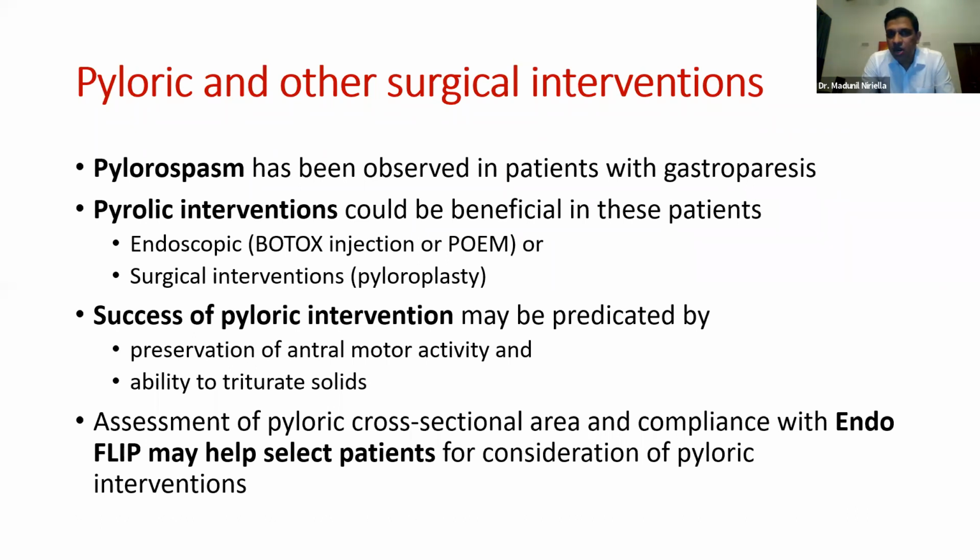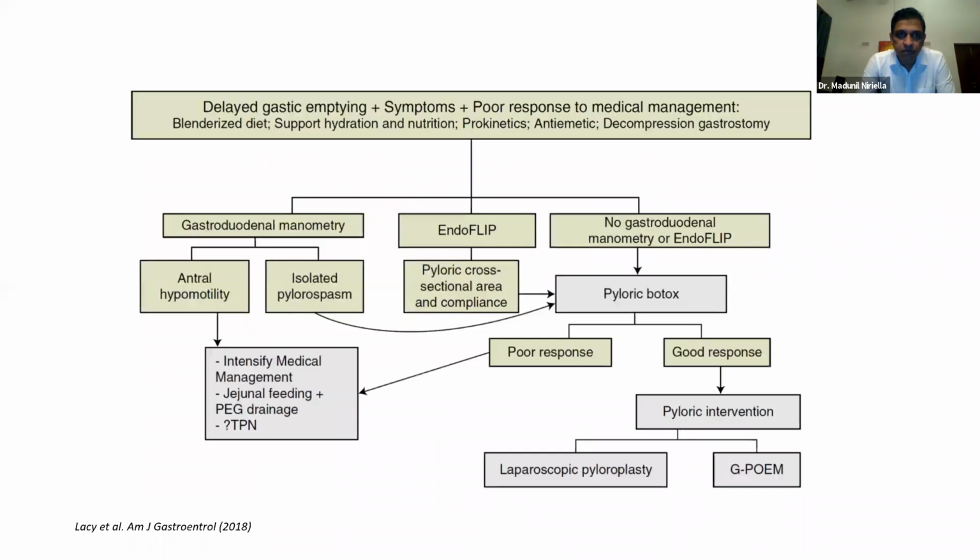The success of pyloric intervention may be predicted by the preservation of antral motility activity, which can be measured by various methods. The assessment of pyloric cross-sectional area and compliance with EndoFLIP, which is something similar to high-resolution manometry, using a catheter to measure the cross-sectional impedance, can be used in the pyloric region to characterize pylorospasm.